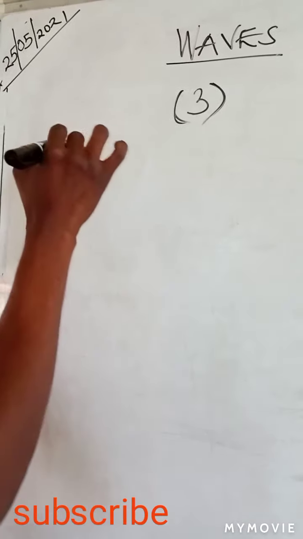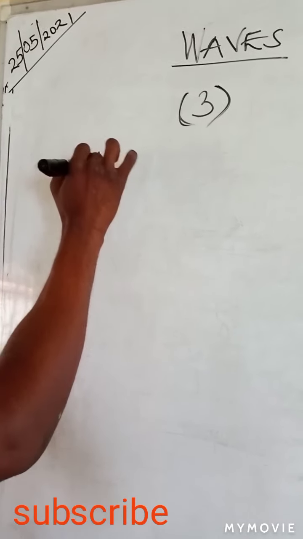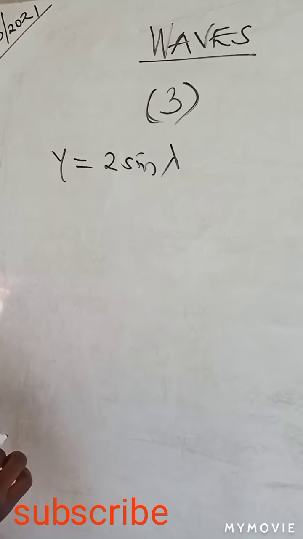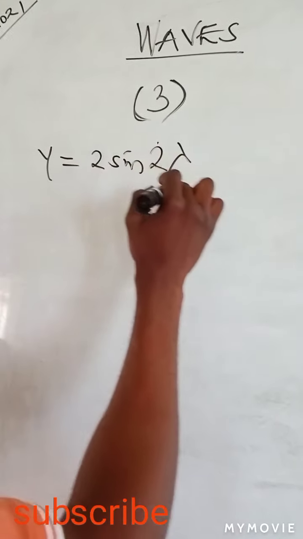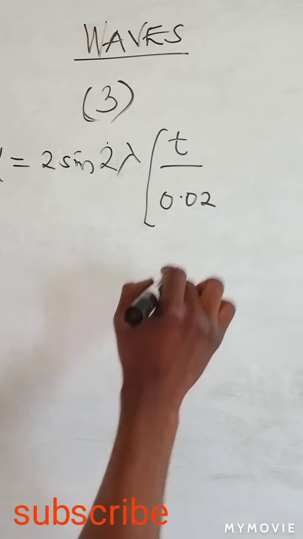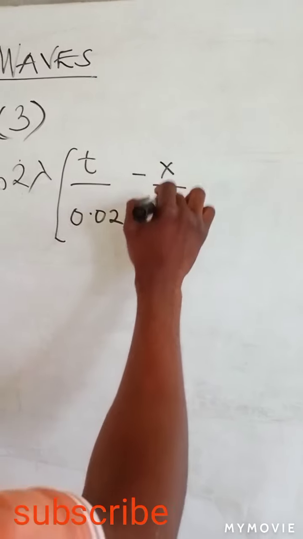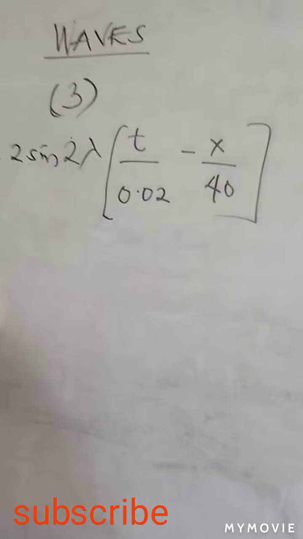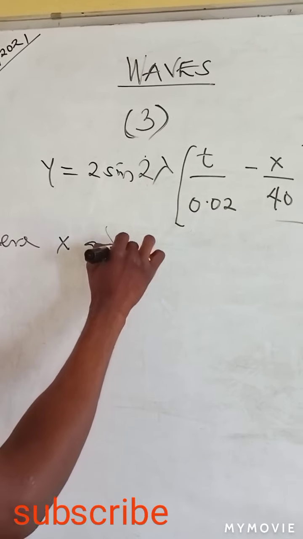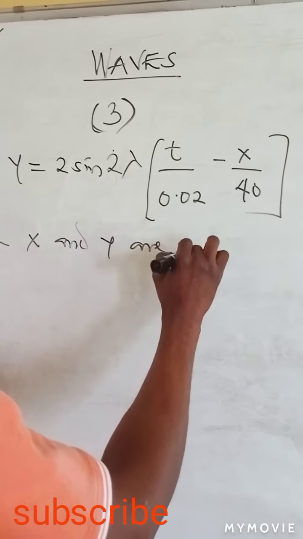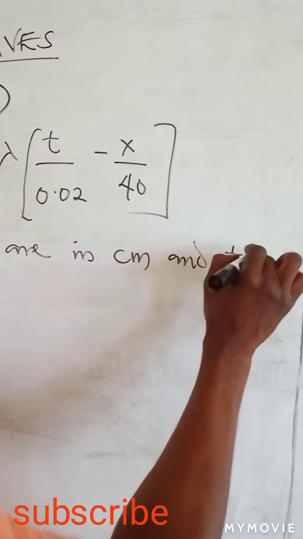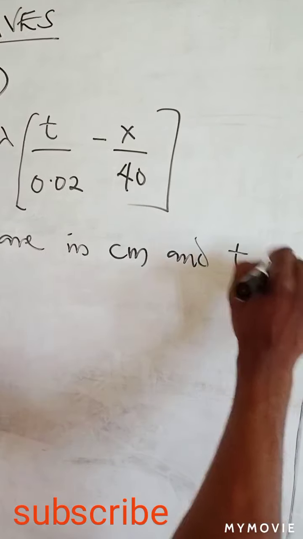The question goes thus: y equals 2 sine 2 pi, open bracket, t all over 0.02 minus x all over 40, close bracket, where x and y are in centimeter and t in seconds.